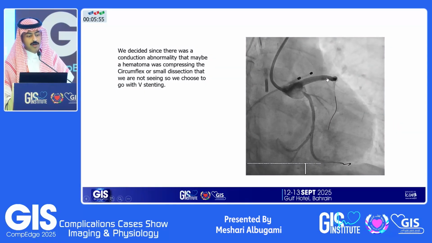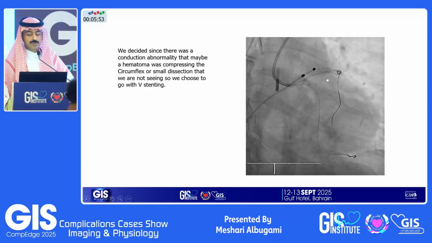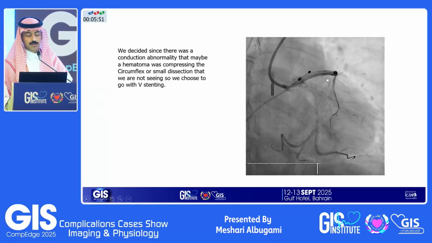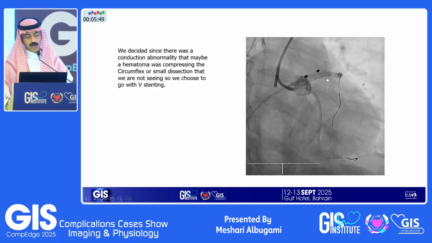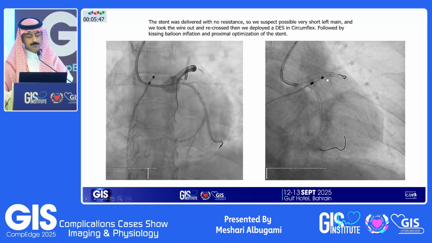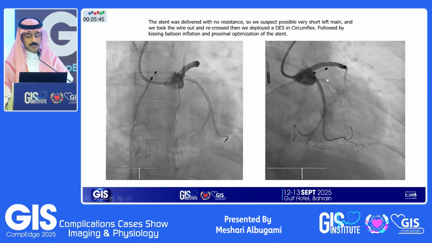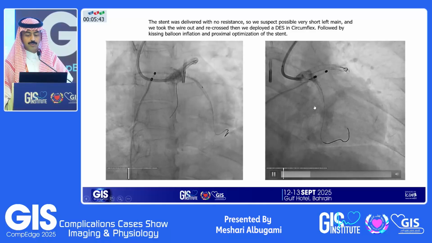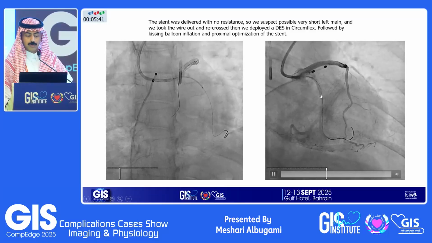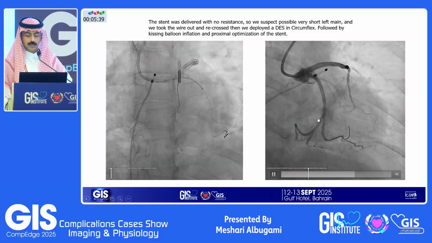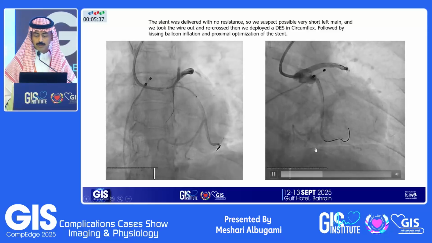We took the wire out from the circ and recrossed again to make sure that we are in the true lumen. After that, a stent was passed to the proximal circ and deployed, with improvement and resolution of the proximal circ lesion.